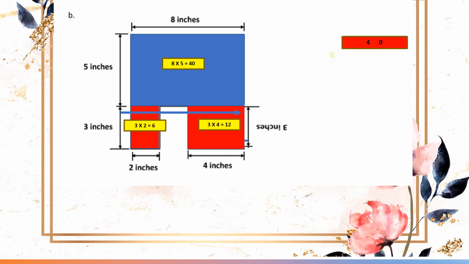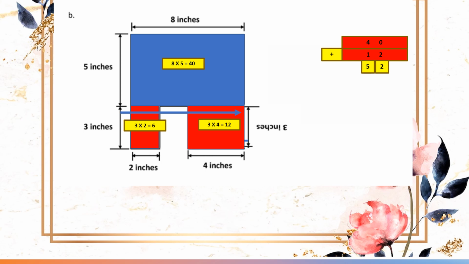So we have 40 plus 12. Well, that should be easy to solve. What's 0 plus 2? That's right, it's 2. And what's 4 plus 1? That's right, it's 5.